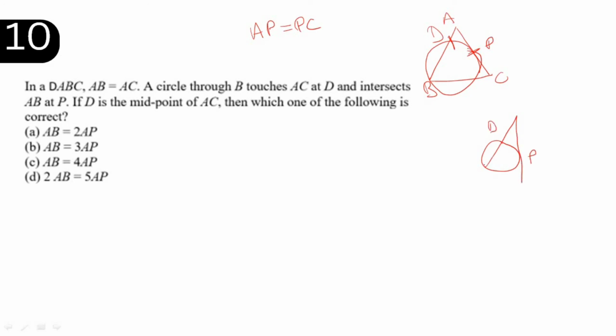Here is P, here is D, here is B, and here is A. For this, we see that AD is tangent and AB passes through the circle and touches the circle at P. For such a scenario, we have a formula that we study in the chapter of circles. All the game is this formula in this question. So we know that AD square is equal to AP into AB, and here it is written that D is the midpoint of AC.